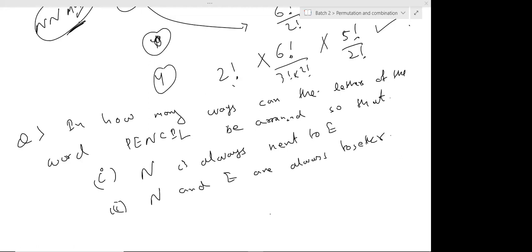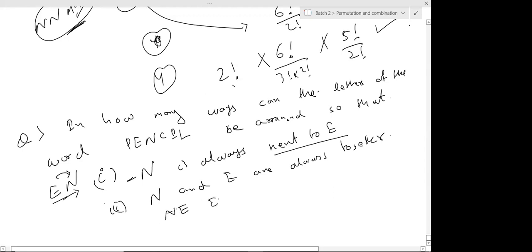What's after always? Always together. The difference between two parts is here it says N always comes next to E, right? In option 1, N is always next to E, just after E. But in second part, they are together.